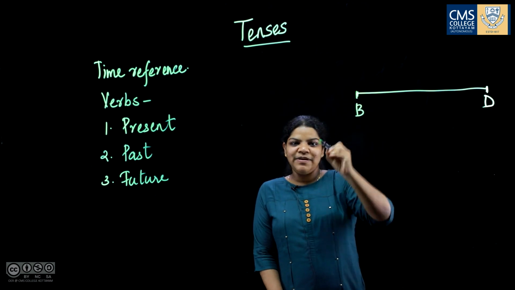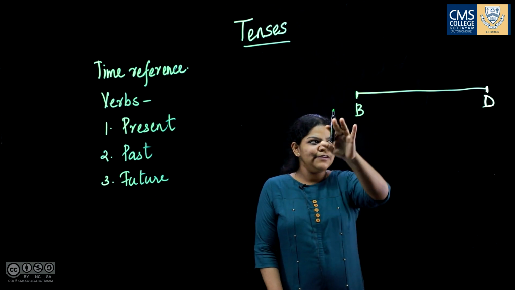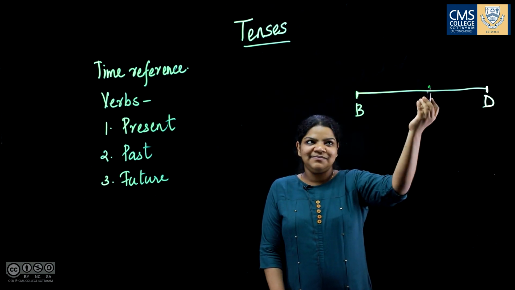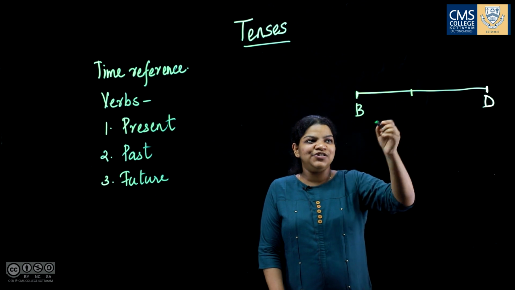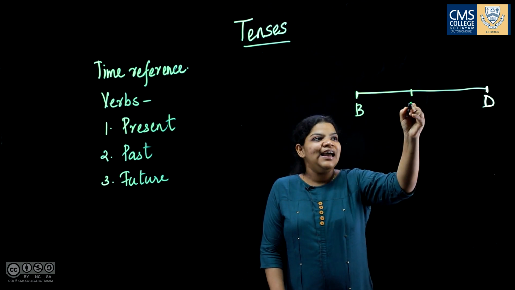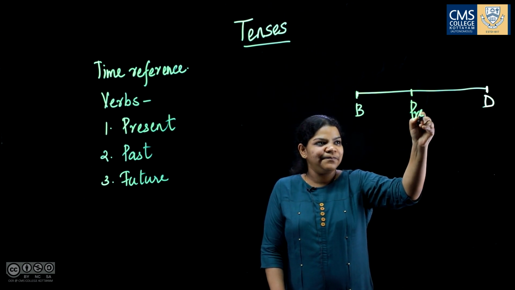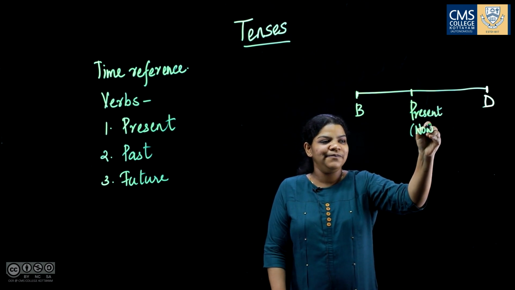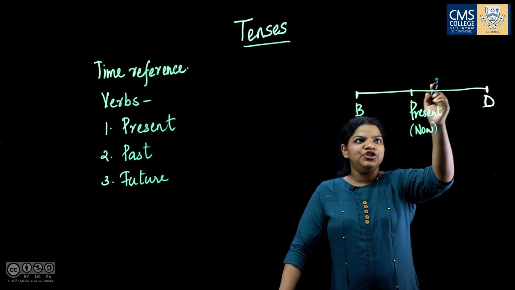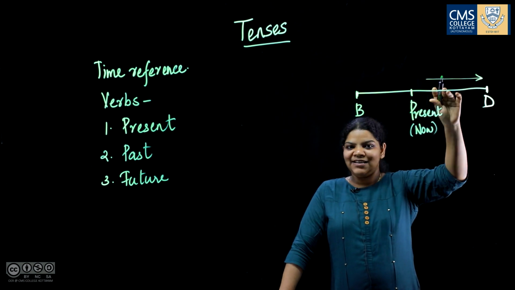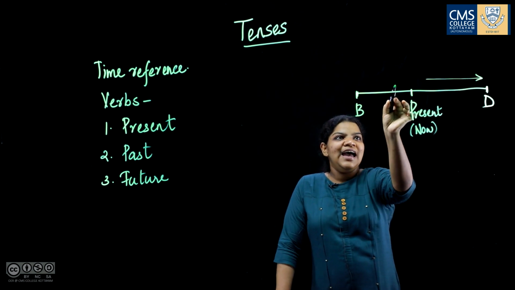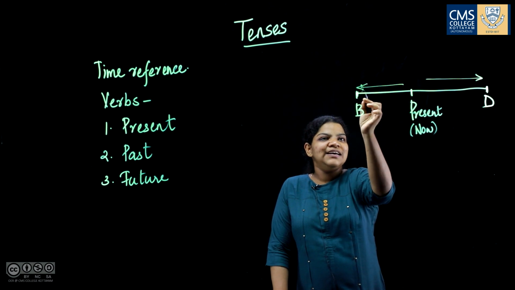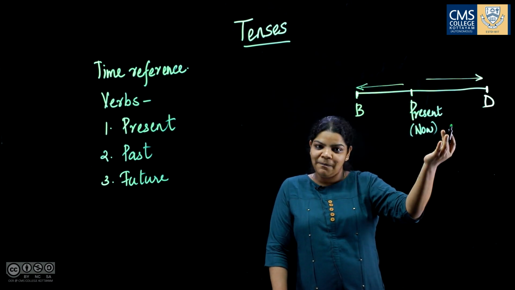Now, from this moment when I'm born, whatever happens to me, and say I'm 30 years of age now, so I'm somewhere here, and this is the present moment. Okay, this is the now moment that I'm talking about. This is the future. The part which moves to this part is what you call the future, and the part which moves to this part could be the present or the past.